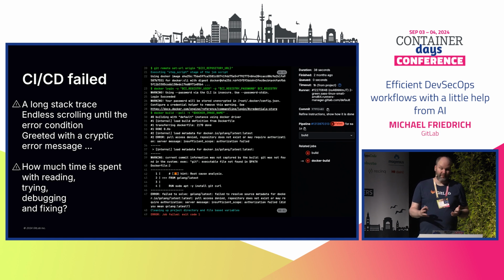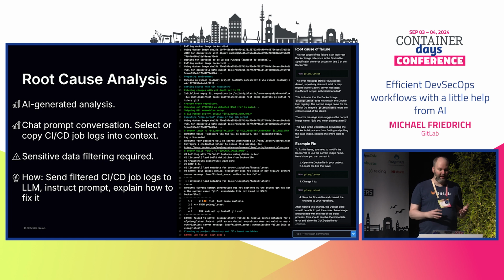And it's always a middle ground of how much time is spent with reading, trying, debugging, and fixing. Whereas on the other hand, if I could use AI, like using the CI/CD job log, sending it to the LLM, and then getting a chat prompt or a response back, which summarizes the problem for me and also gives me a recommended fix of, for example, using the correct tag.